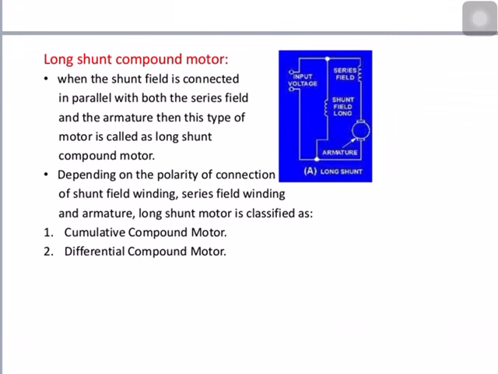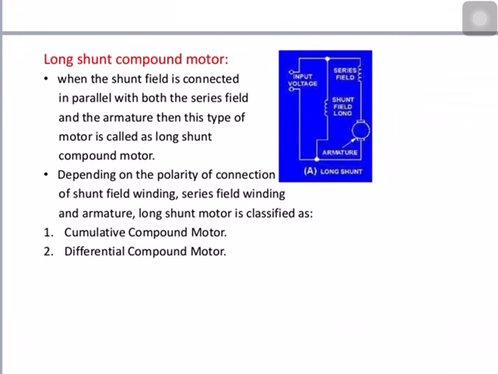So for a given armature current, the torque developed will be higher, and the speed will be lower when compared to a DC shunt motor. And in the differential compound motor, the series field opposes the shunt field, so that when armature current decreases, torque developed will be lower, and speed will be greater when compared to the DC shunt motor.